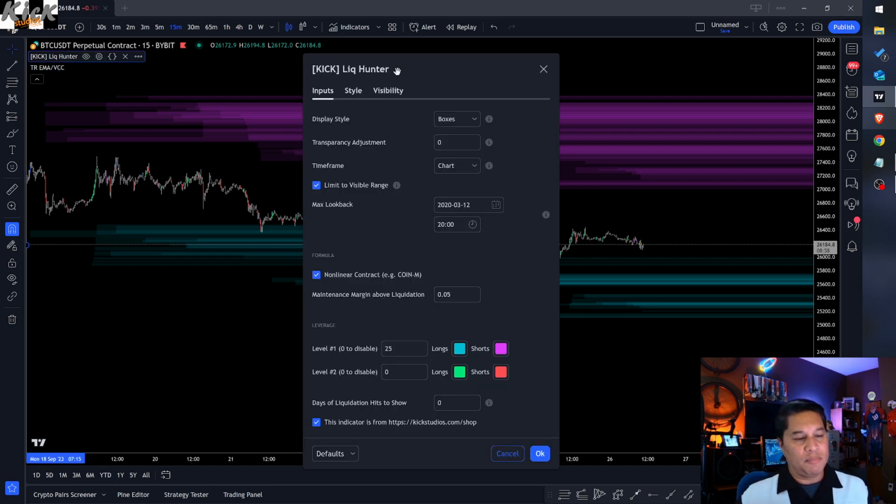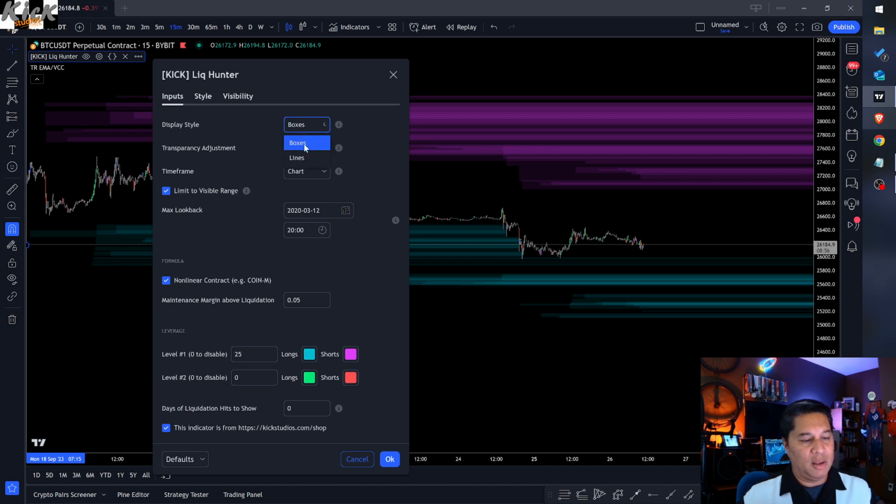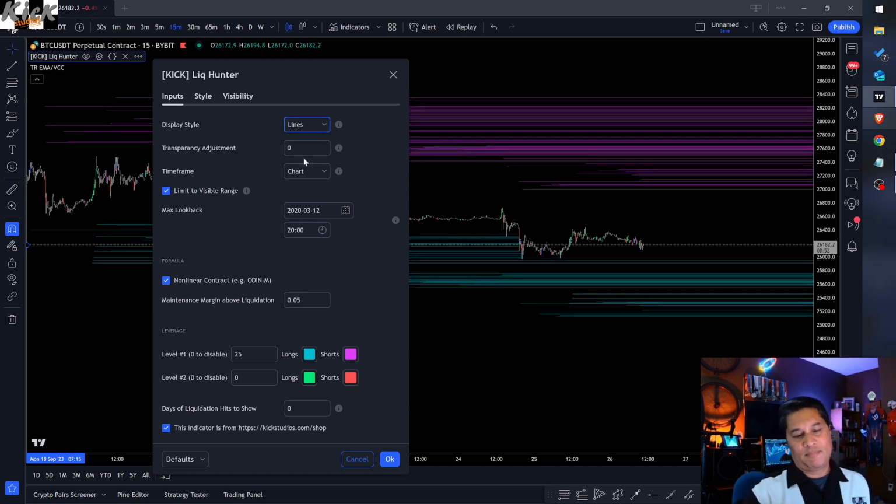Okay, display style by default is the boxes. If you like, you can change it to lines, which is just a different view. The boxes assume that the closest place to price is where it gets triggered.